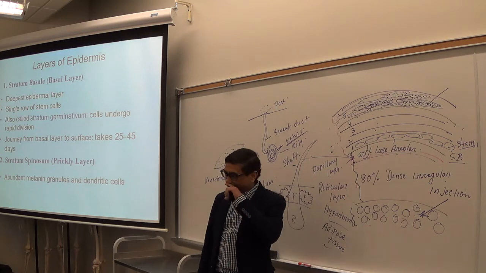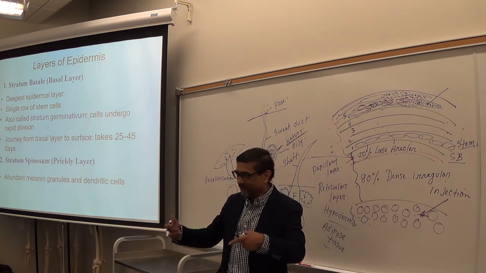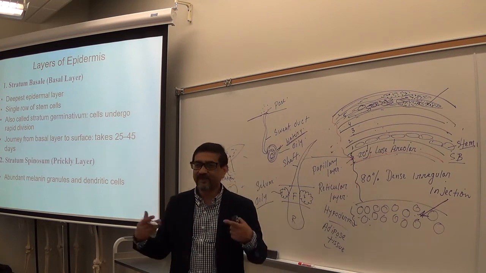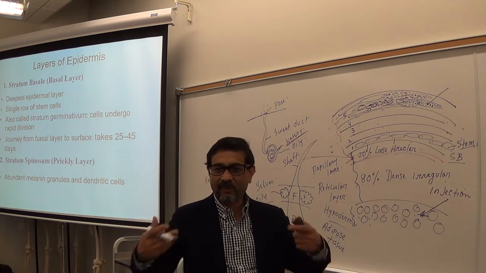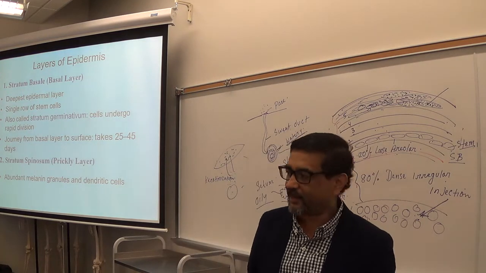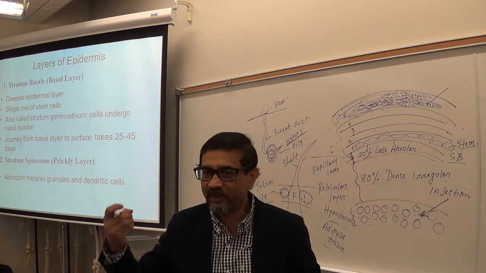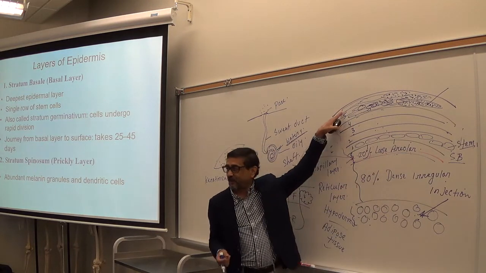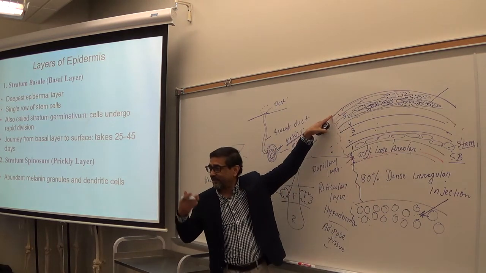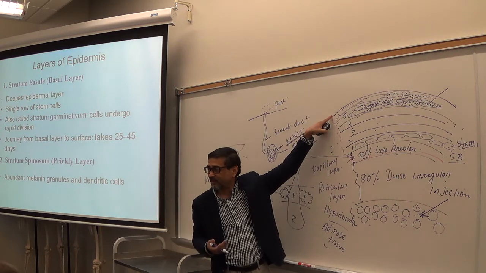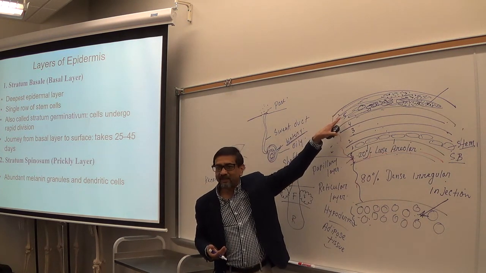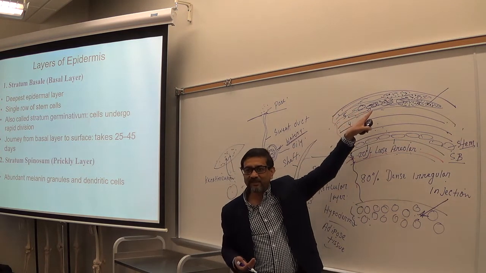Stem cells do what? Quickly create cells, right? Quickly multiply, mitosis. You know mitosis, cell division, right? So the stem cells can quickly multiply to produce new cells. Your skin continuously needs to produce new cells. These cells die, right? You remember I said that? Outermost layer cells die.